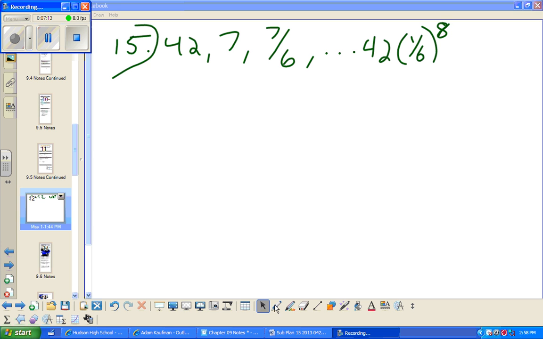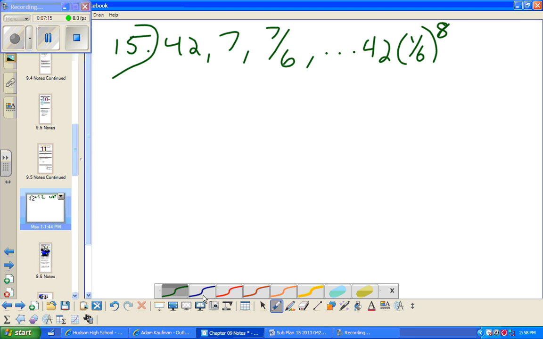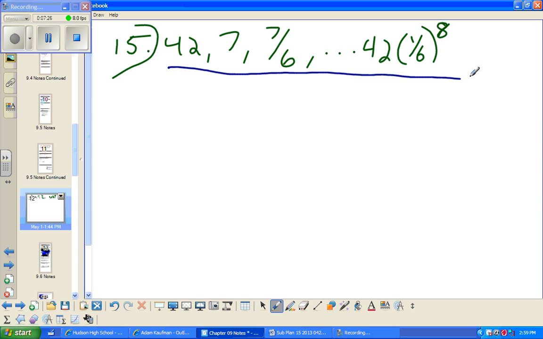So to apply what we just talked about, we could take a look at number 15. It says, find the sum of the geometric sequence. I've written this sequence here: 42, 7, 7/6, dot, dot, dot, to 42 times (1/6) to the 8th. Well, this first term is the same as 42 times (1/6) to the 0.